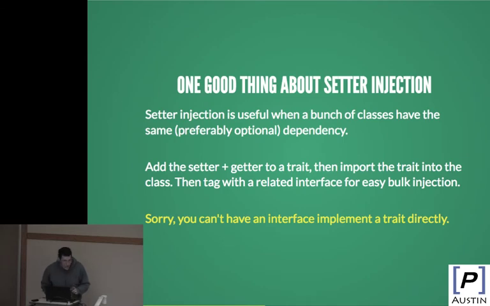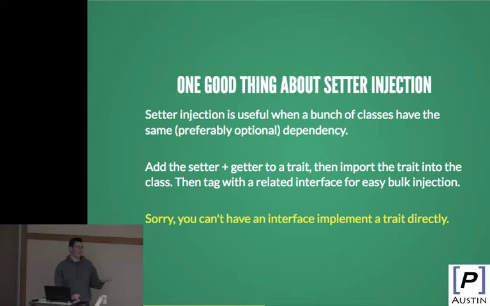So, as mentioned earlier, you can build functionality into a trait that has, say, a setter injected method, maybe a getter in there, and a property to hold the setter injected object. For example, a loggable trait.